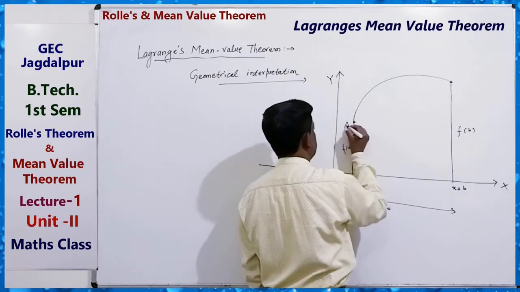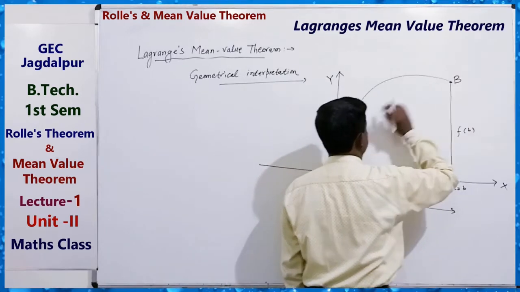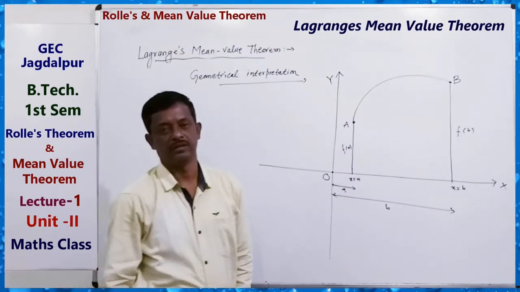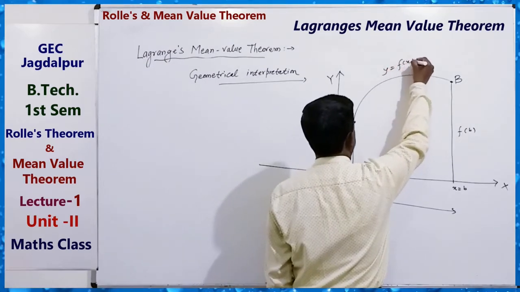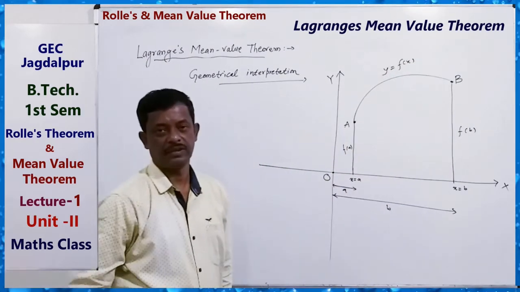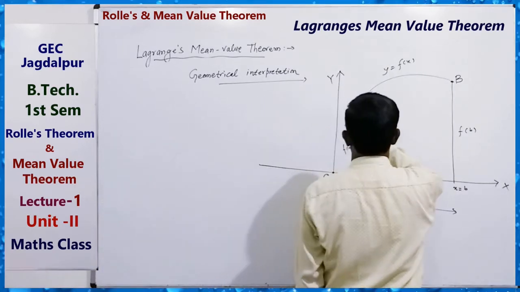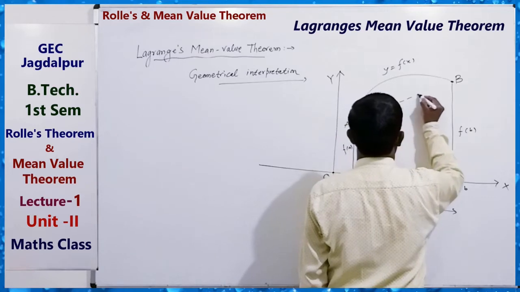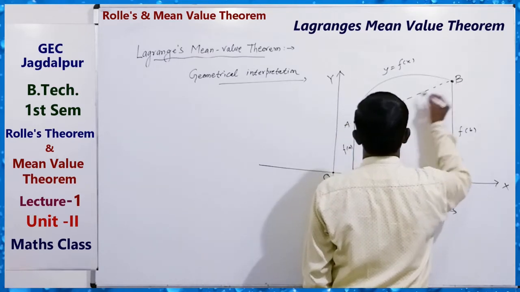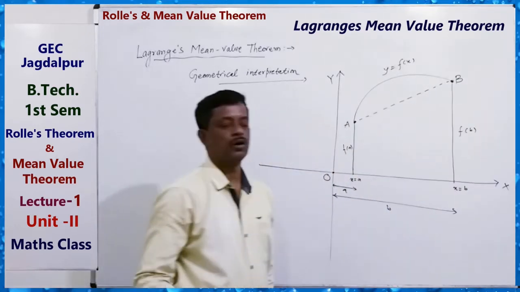This is point A, this is B. Curve AB. What is this? This is f(x). y equals to f(x) curve. Now we can draw, just joining these two, chord AB.